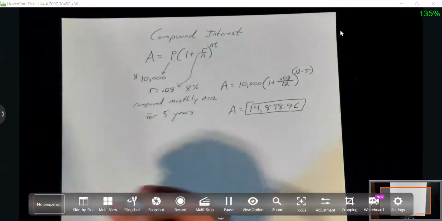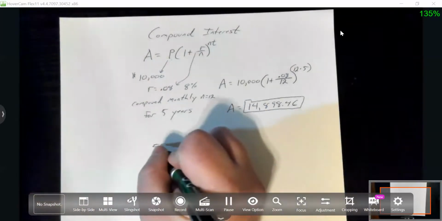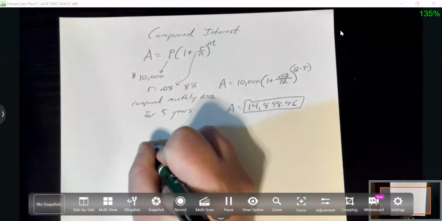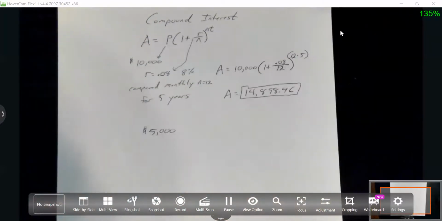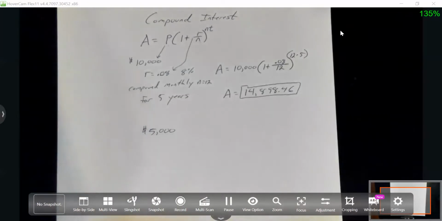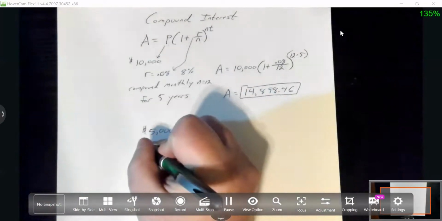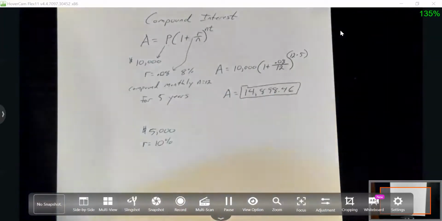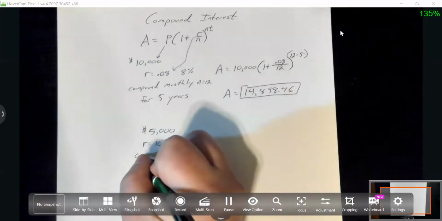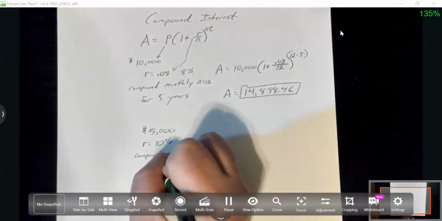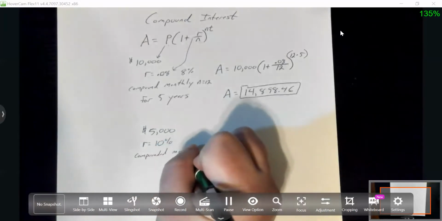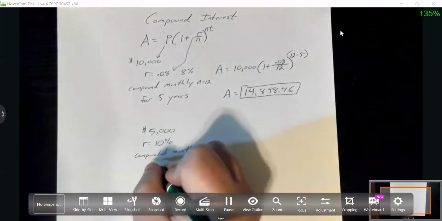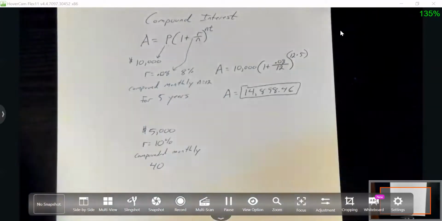So as an example, let's say that we took $5,000, you get $5,000 as a gift from your parents, grandparents, whatever. We invested into an account that's going to return a pretty good 10%, compounded monthly. And you ignore that $5,000 for 40 years.